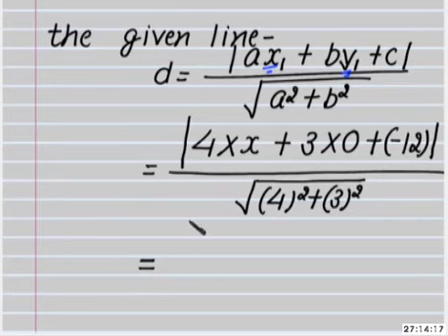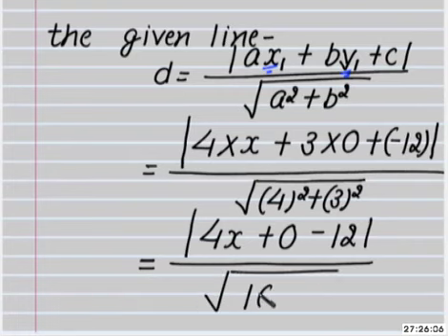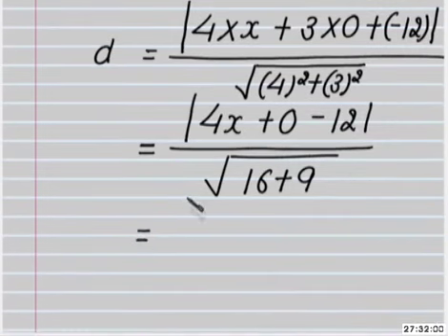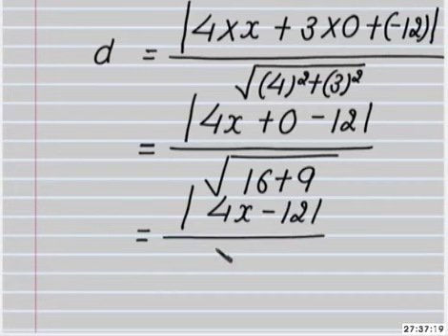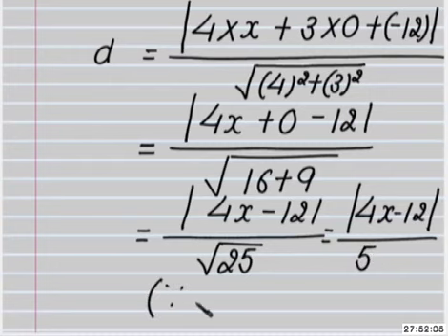So now further it is equal to modulus of 4x plus 0 minus 12 upon square root of 16 plus 9, that is equal to modulus of 4x minus 12 upon square root of 25, that is equal to modulus of 4x minus 12 upon 5, because square root of 25 is equal to 5.